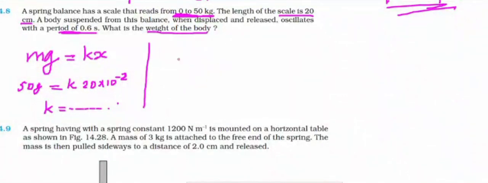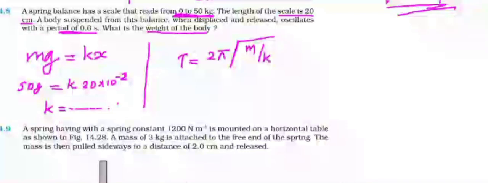Then afterwards, the time period formula you have to use. T is equal to 2 pi into under root m by k. Now t is given as 0.6 seconds. So now you know the value of k. So square this equation. Okay, then find the value of m.